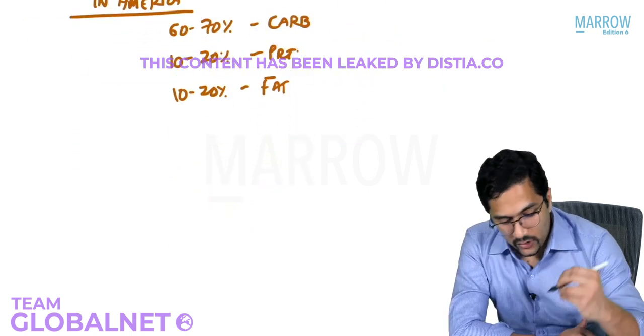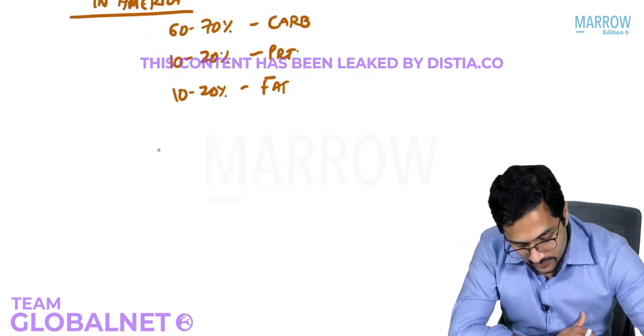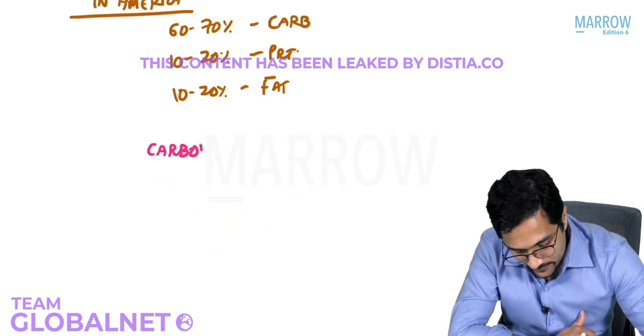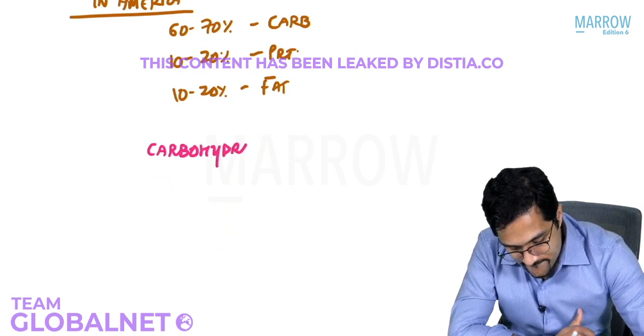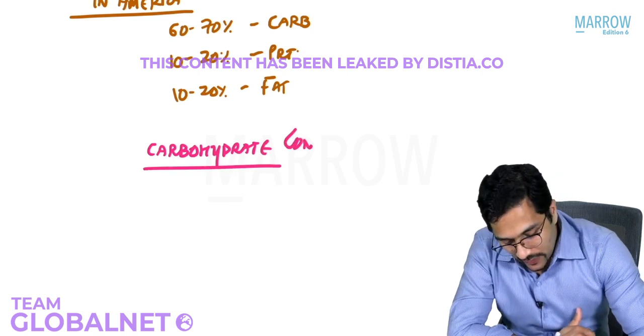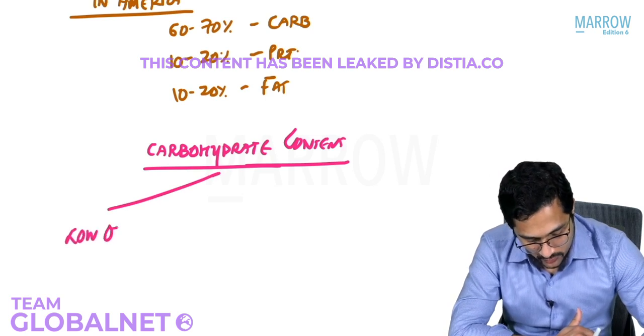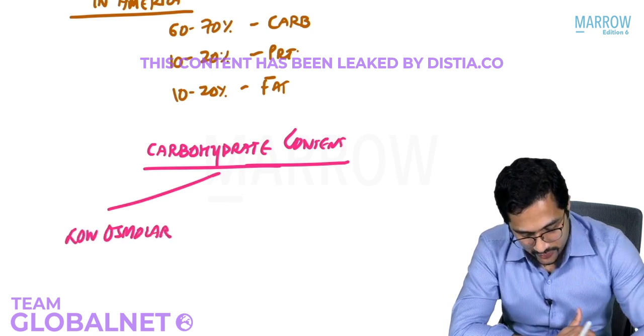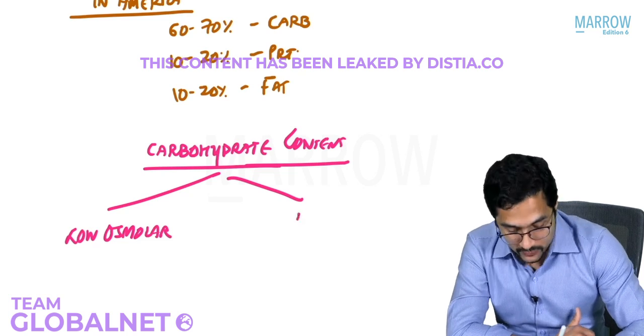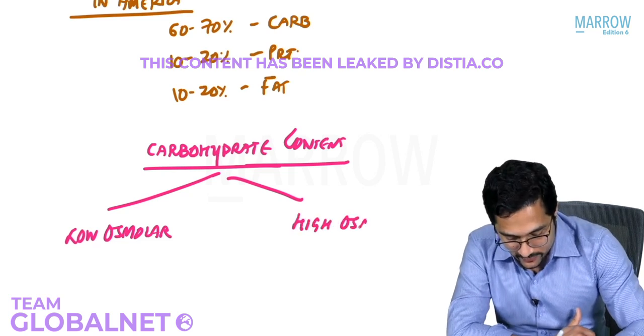Now, depending on the carbohydrate content, you can have either a high osmolar or a low osmolar TPN solution. So low osmolar is one which has low carbohydrate content, and high osmolar is one which has high carbohydrate content.